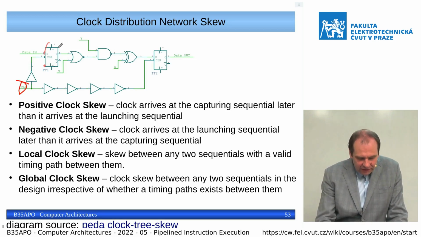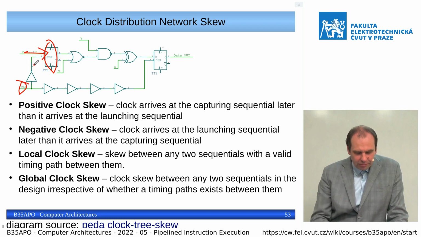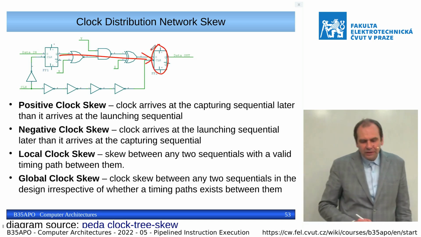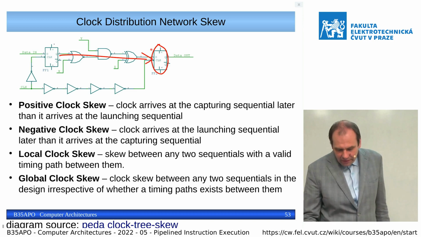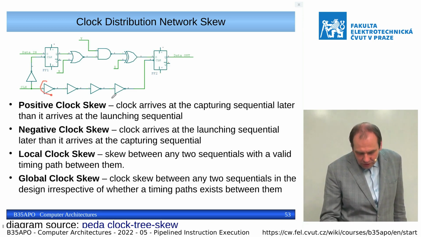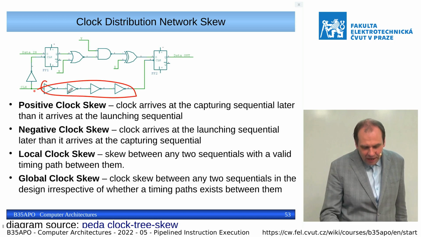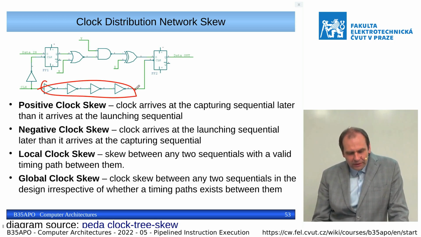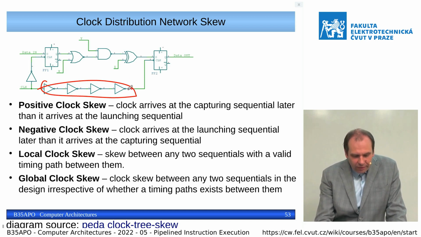This is one register which captures the input value. The next clock cycle, this value is used to compute something and store the result into the next register. And if the delay on the clock, represented by a series of multiple inverters, is too long, then what can happen?